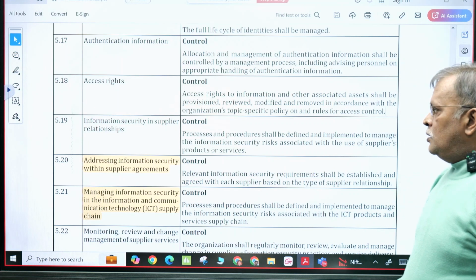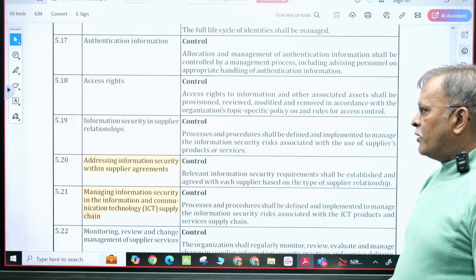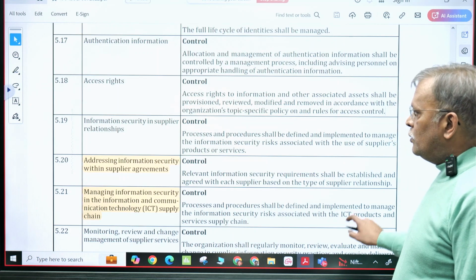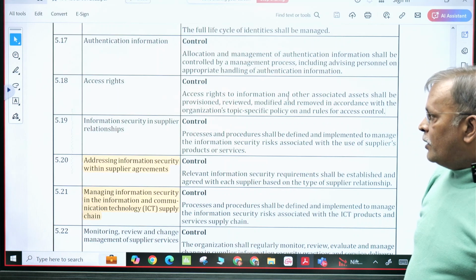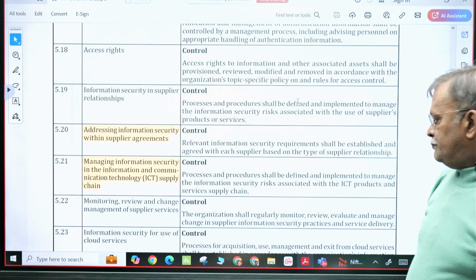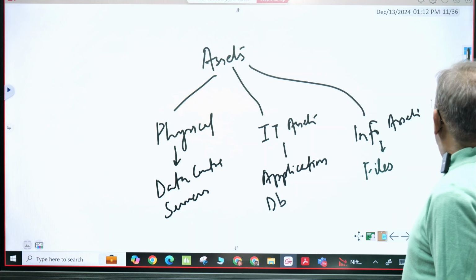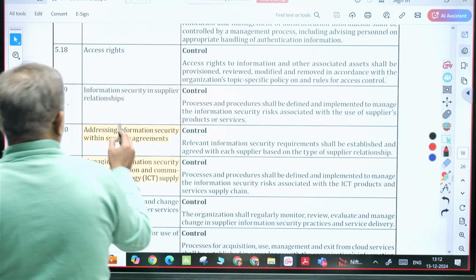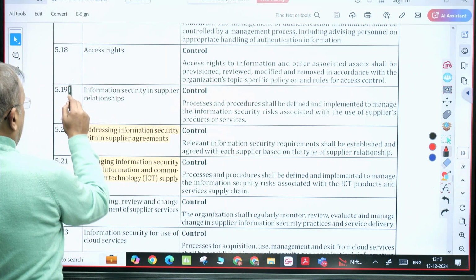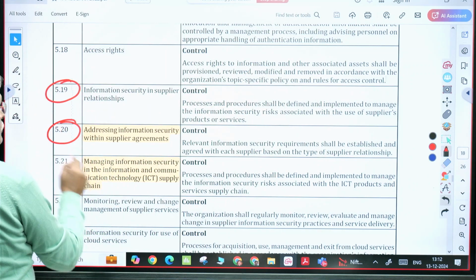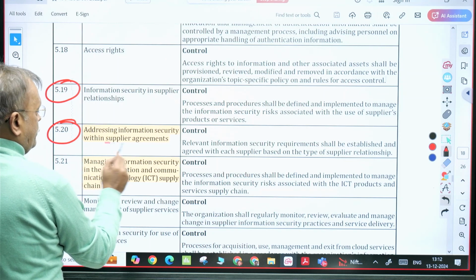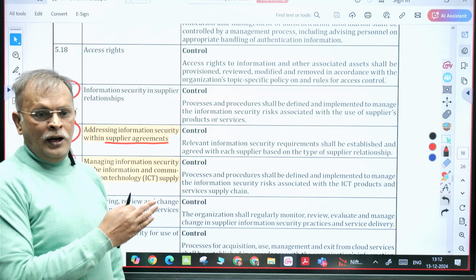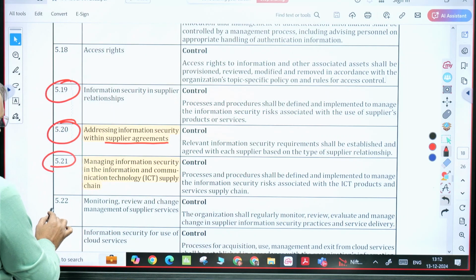5.19, Information security in supplier relationships. So you have 19, 20, 21 and 22 all related to supplier relationships. 19 is about information security in supplier relationship. 20 is about information security vis-a-vis supplier agreements. 21 is about ICT, the entire landscape, and 5.22 is about monitoring.